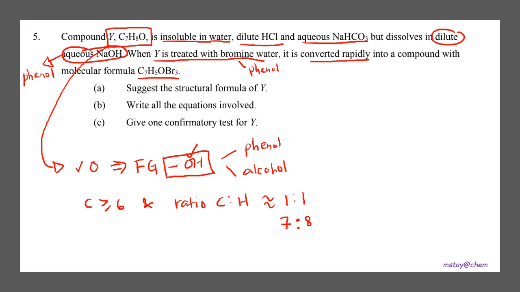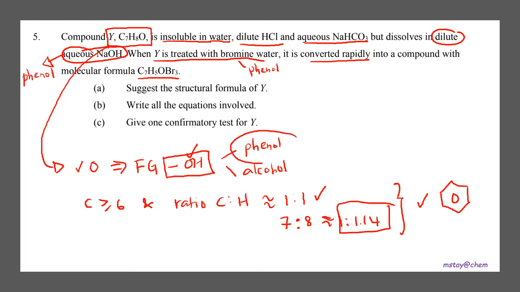Mathematically, the ratio is 8 divided by 7, so we get around 1.14, which is 1 to 1.14, and we consider it similar. If this is the situation, we know that this compound consists of a benzene ring. So basically we already have the idea.